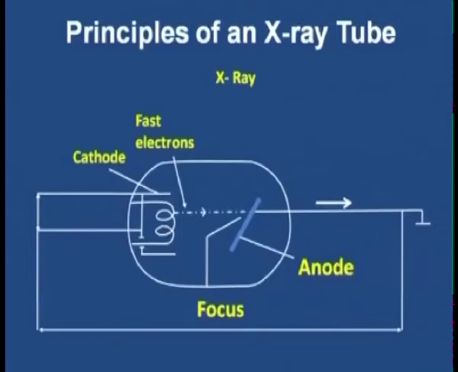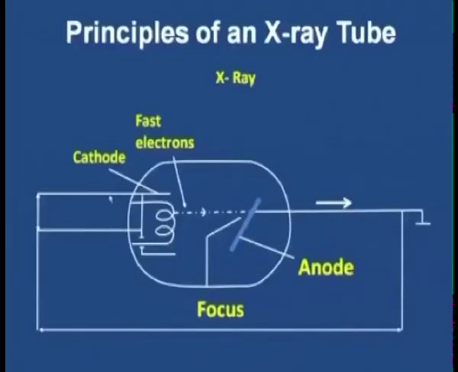They are impinging on a target, and you may ask what the target material is. The target material may be copper, molybdenum, iron, cobalt or chromium. These are the common targets used, and when the electrons hit the target, what you observe is that X-rays are coming.